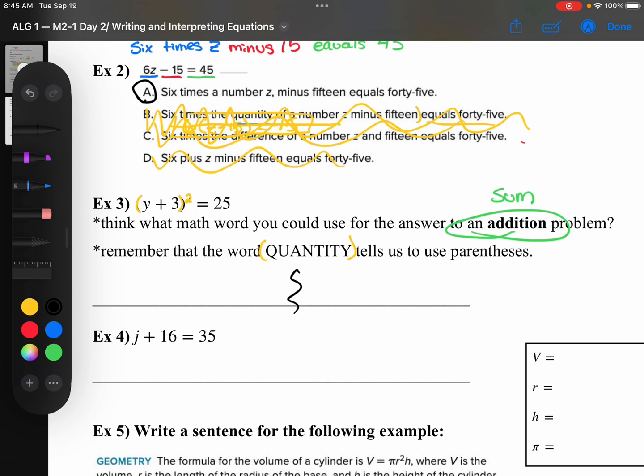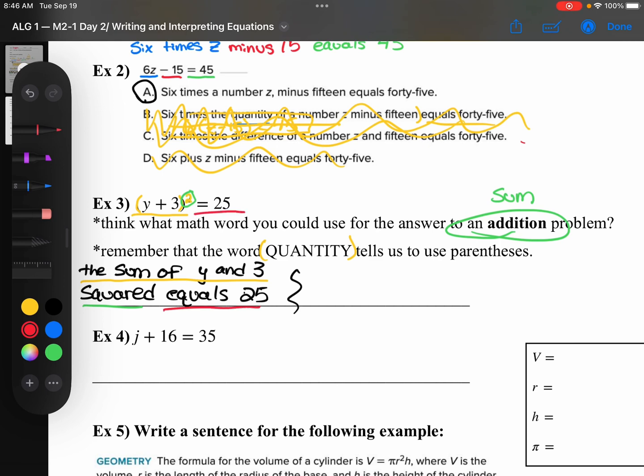I'm going to say the sum of y and 3 squared equals 25. Okay, so the sum of y and 3, squared, equals 25, okay?